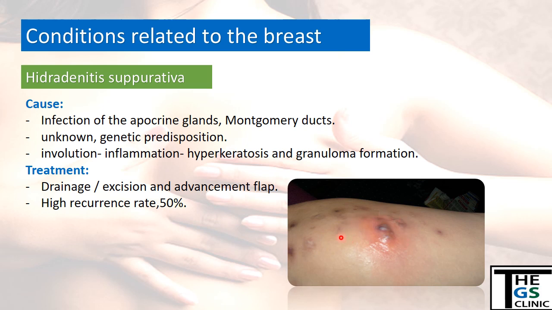Sometimes we need to excise the whole area, and this will leave a defect, so definitely we will need to do a flap or a graft to cover the area in some conditions. Anyhow, it's not specific to the breast. It's a condition that might happen in other parts of the body.